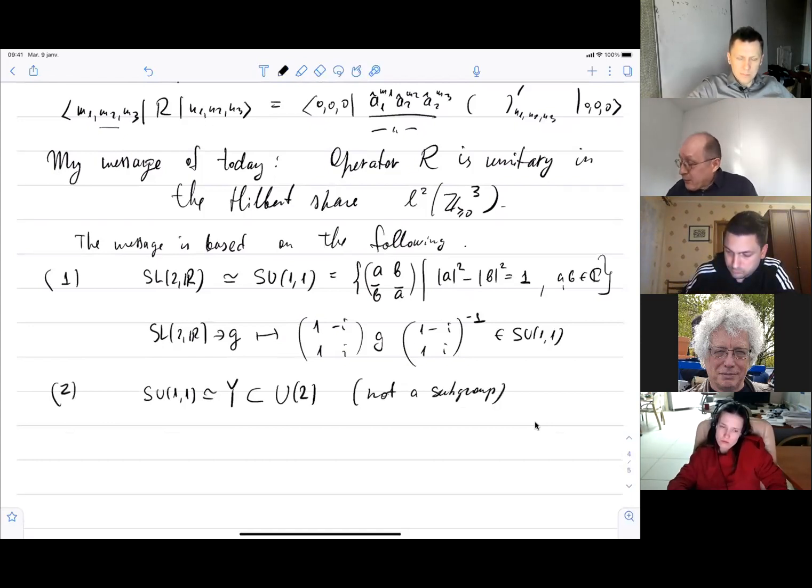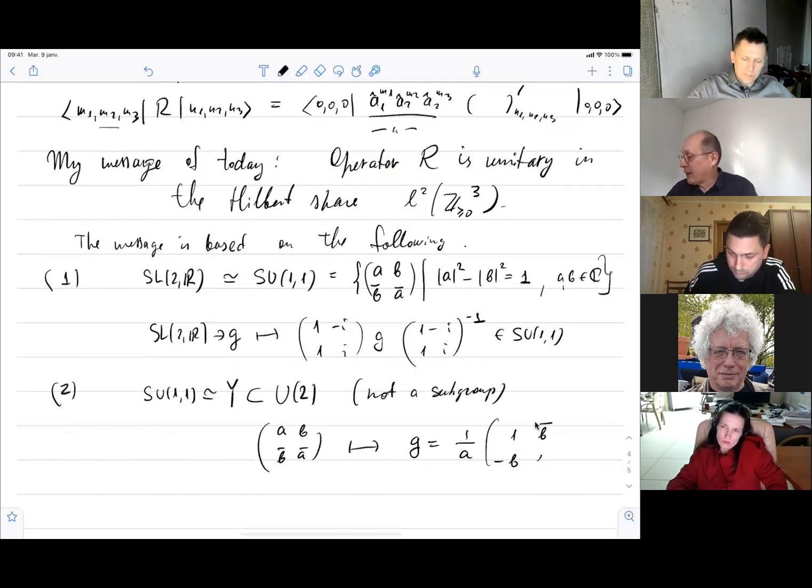And the map is the following. If I have (A, B bar; B, A bar), then I map it to G, which is 1 over A, (1, B bar; minus B, 1). It is just a matter of exercise to check that this is a unitary 2 by 2 matrix.